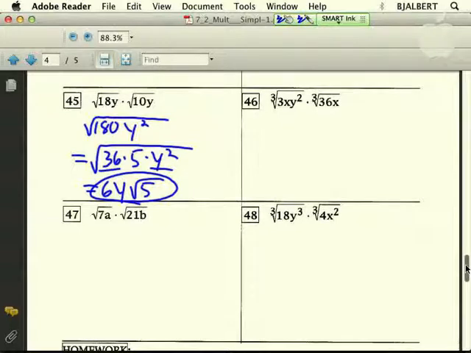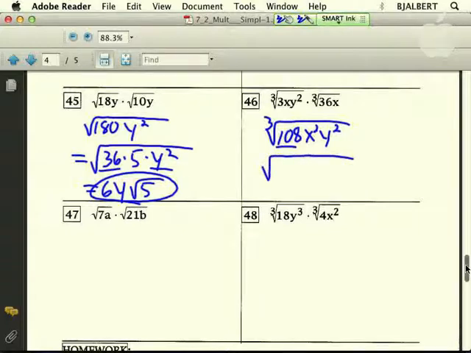46. This is going to be the cube root of, let's see, 36 times 3 is 108. And we'll have x squared, y squared. Let's see, the cube root of 108.